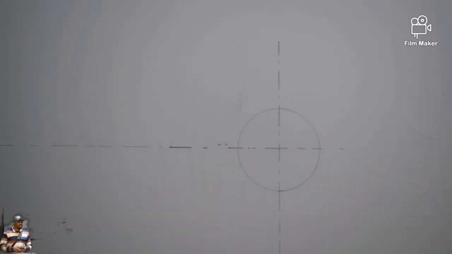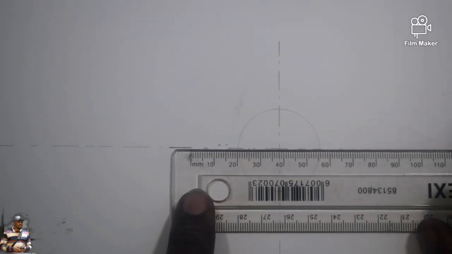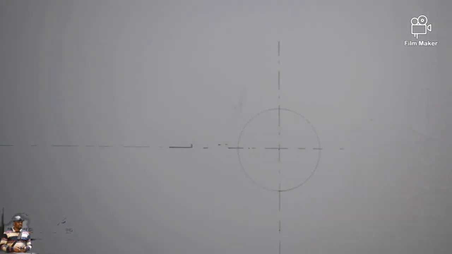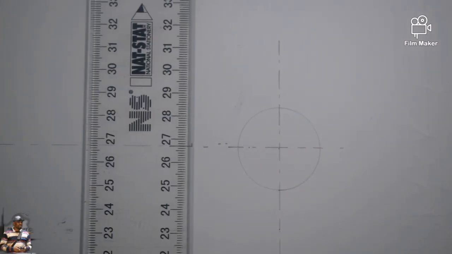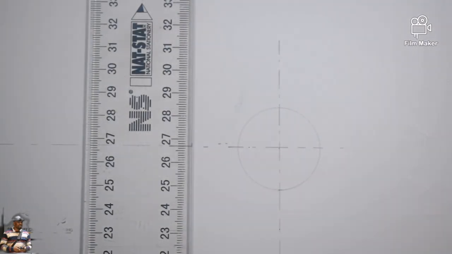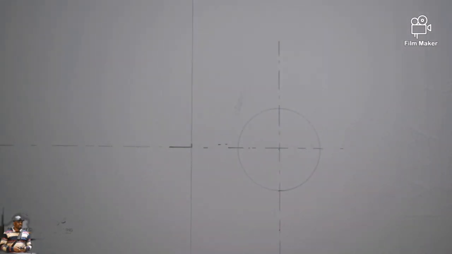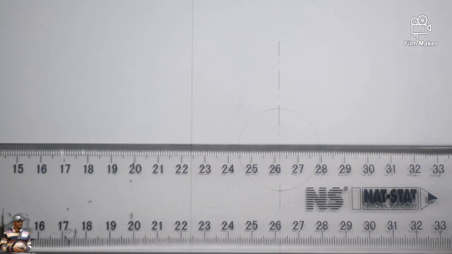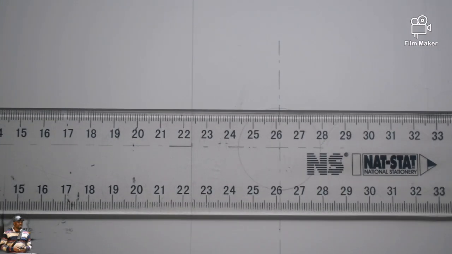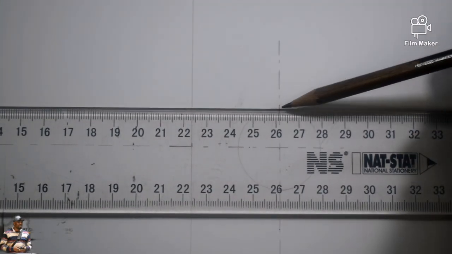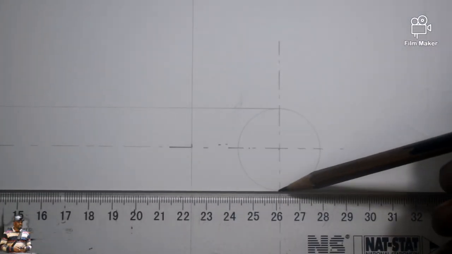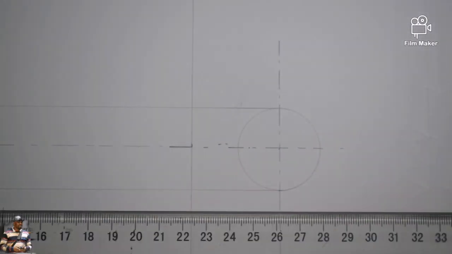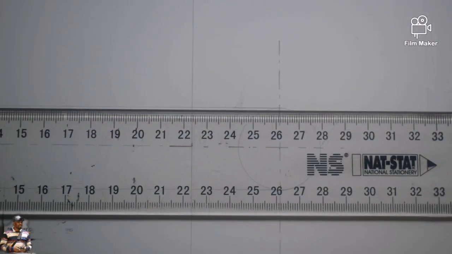Now from the circle that I've just drawn, I can record 20 millimeter. There's my 20 millimeter ending. From there let me put a faint line going up. Then I take this point, a faint horizontal towards my left hand side, and this one towards my left hand side as well. There you go.